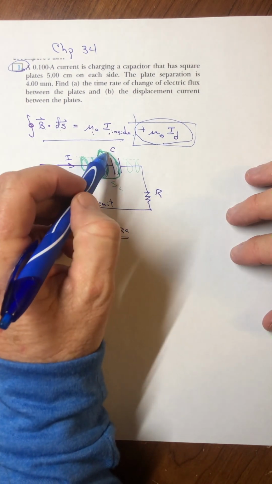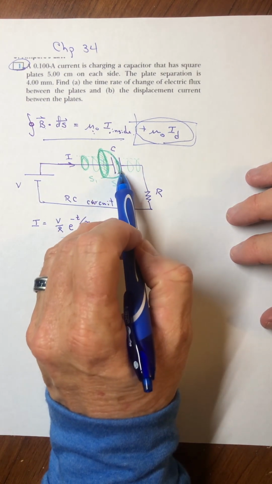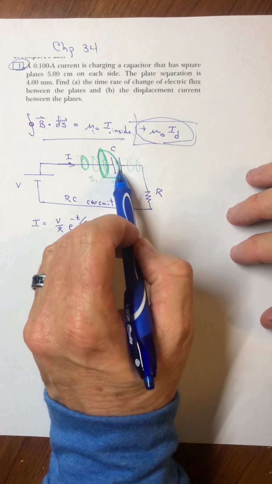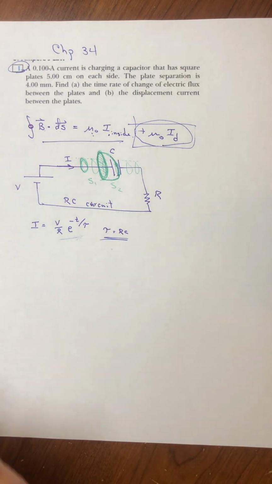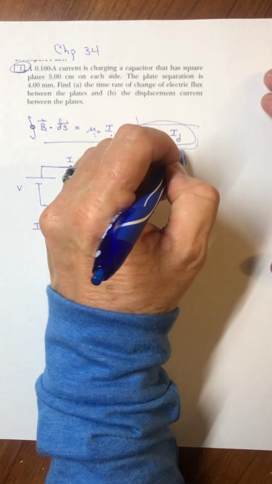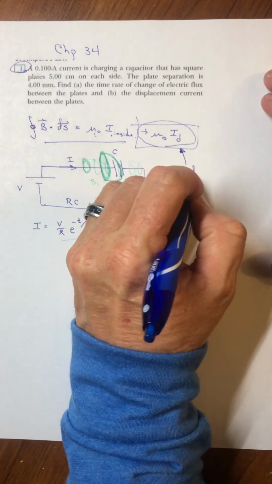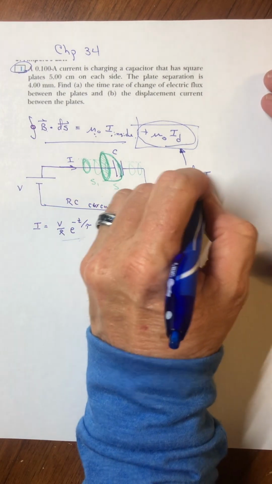He realizes that through this area you don't have a conventional current, but you have a changing magnetic flux. So this right here must somehow be related to a changing flux.